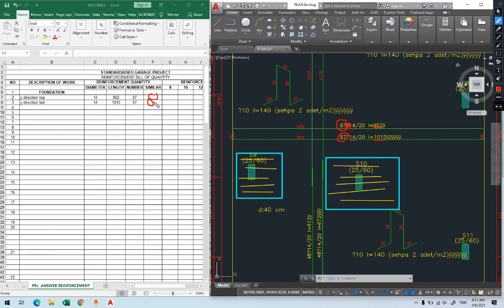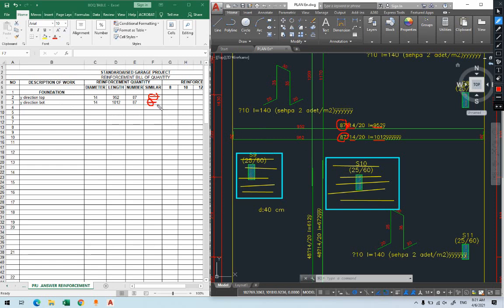You can simply multiply by the number of houses, because they have the same foundation. Here it's a raft foundation, only one in a house. But if you have multiple houses, you can bring the similar here.